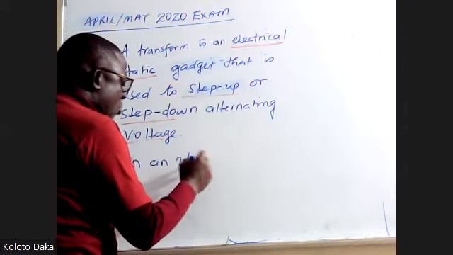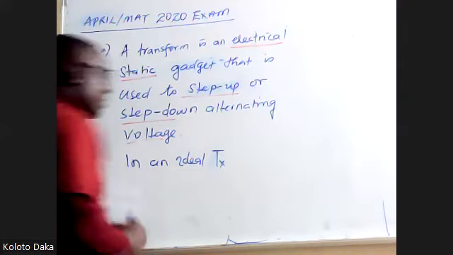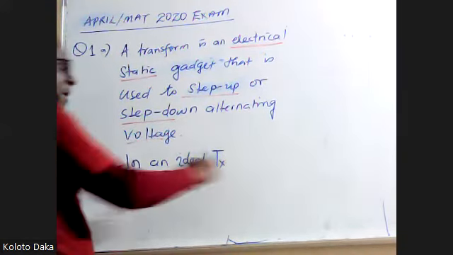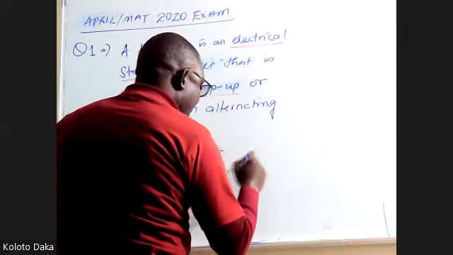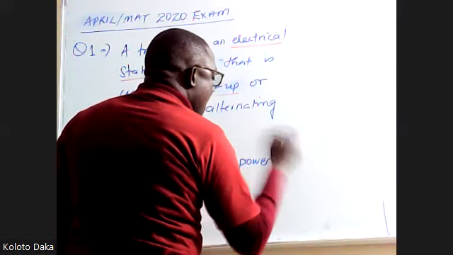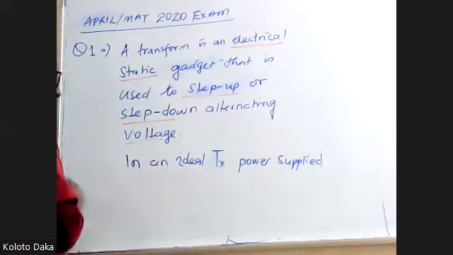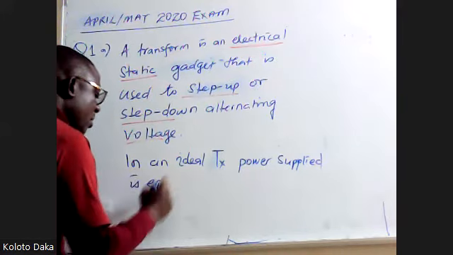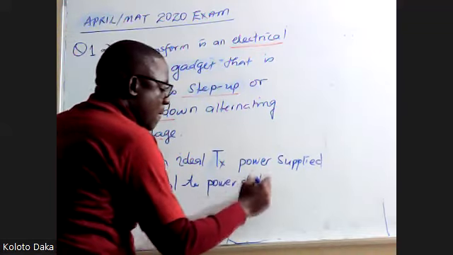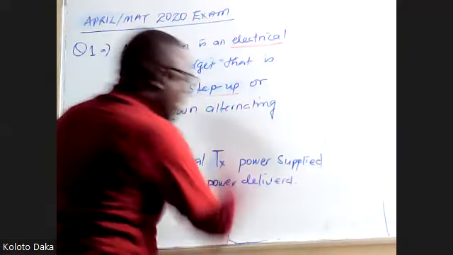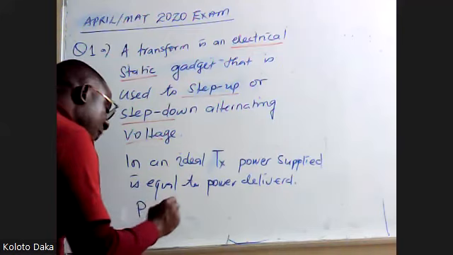In an ideal transformer, TX for transformer, power supplied to a transformer is equal to power delivered, meaning that power is equal to VI.